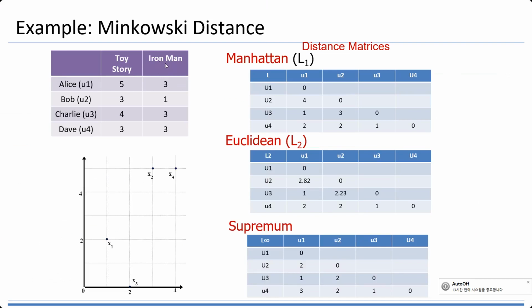Now I want to know which users are the most similar. Then we can check based on the distance. If the distance is nearby 0, then it means they are similar.